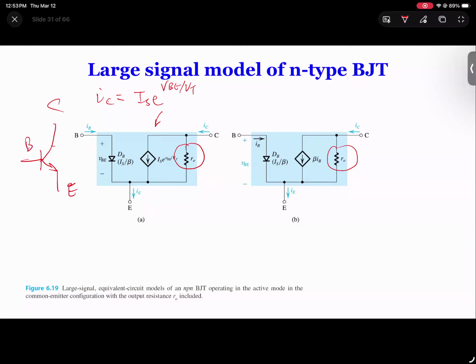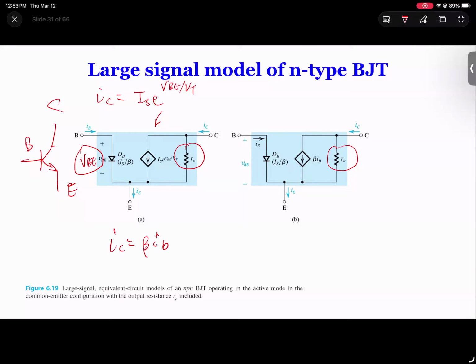You have N-type, between base and emitter, you have the base voltage called VB. IC equals IS times e to the power VB over VT. Or the same circuit, you redraw it in this way.